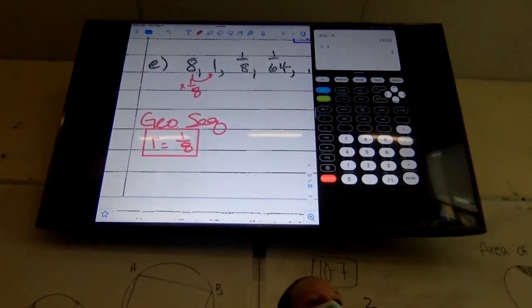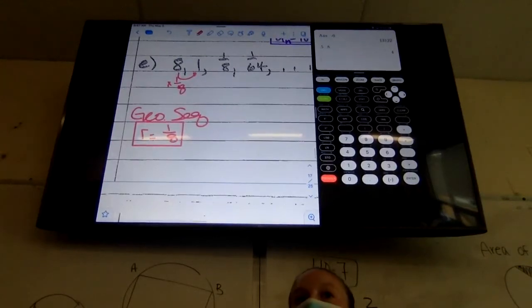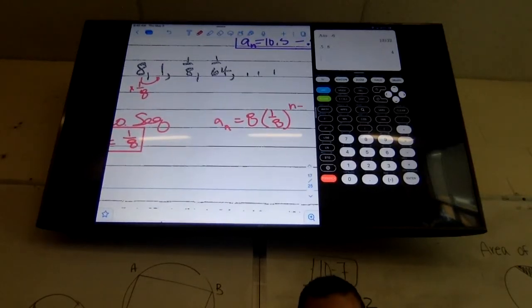All right, what's my explicit formula going to be? Times 1/8 raised to the, good.